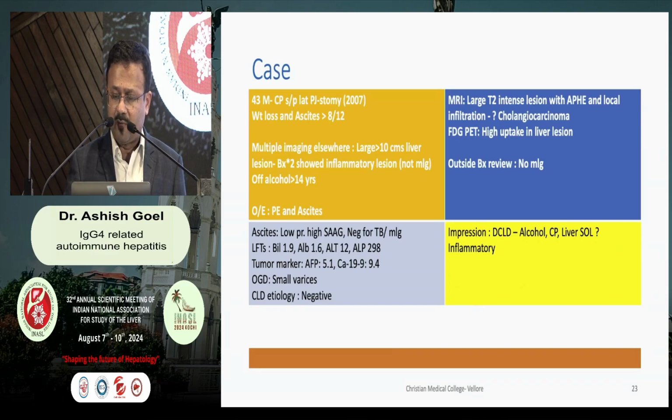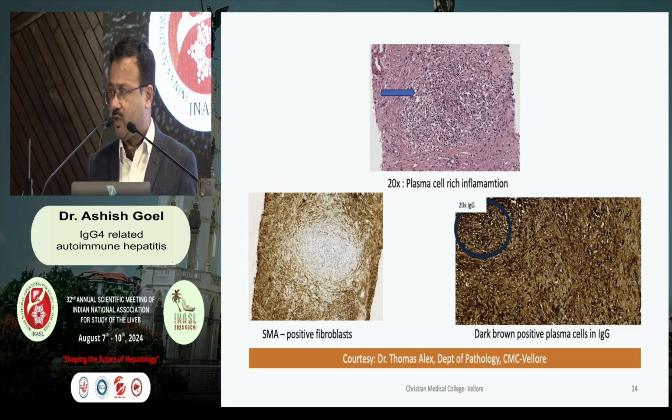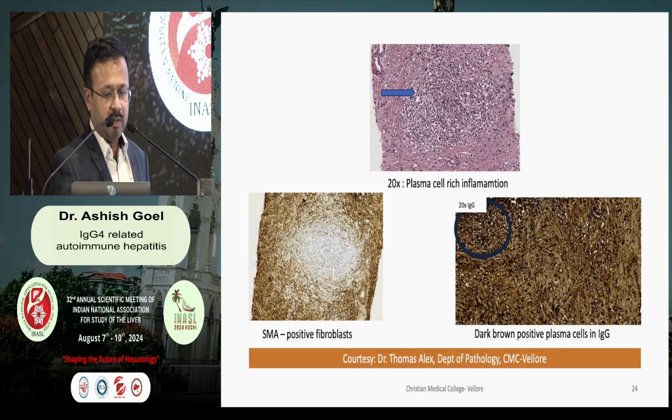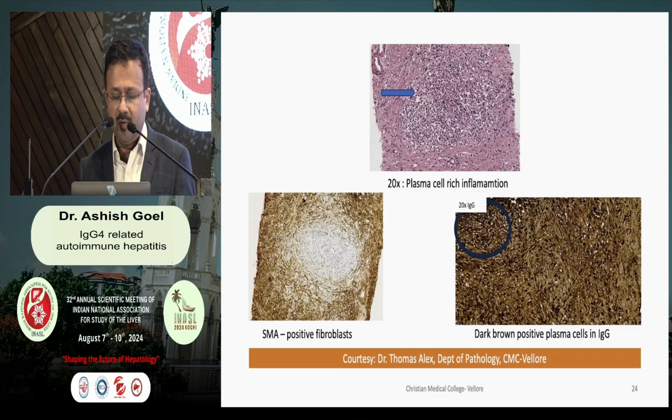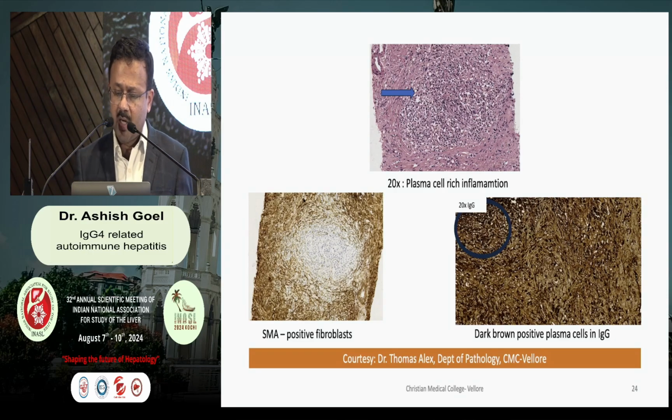So we went ahead and did a biopsy here, and as you can see, there is a dense portal inflammation. Just 1 minute. There is a dense plasmacytic infiltration and a lot of storiform fibrosis with a high staining IgG.